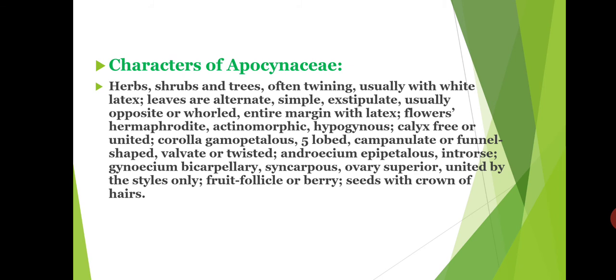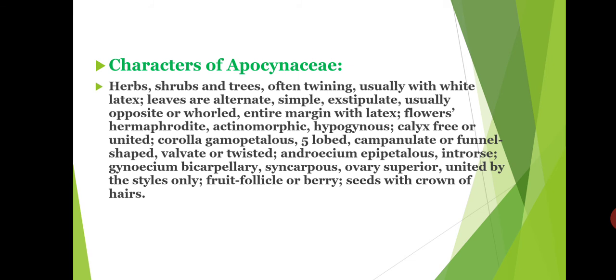Flowers hermaphrodite, actinomorphic, hypogynous. Hypogynous flowers, that's why in the floral diagram, in the last part you should write a small line below that represents the hypogynous nature. Then calyx free or united, corolla gamopetalous, 5-lobed, campanulate or funnel shaped. Campanulate means it is funnel shaped.